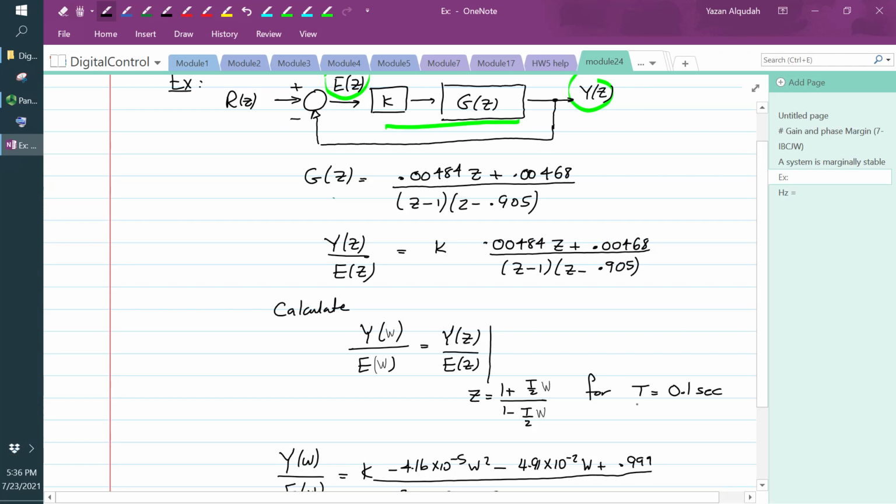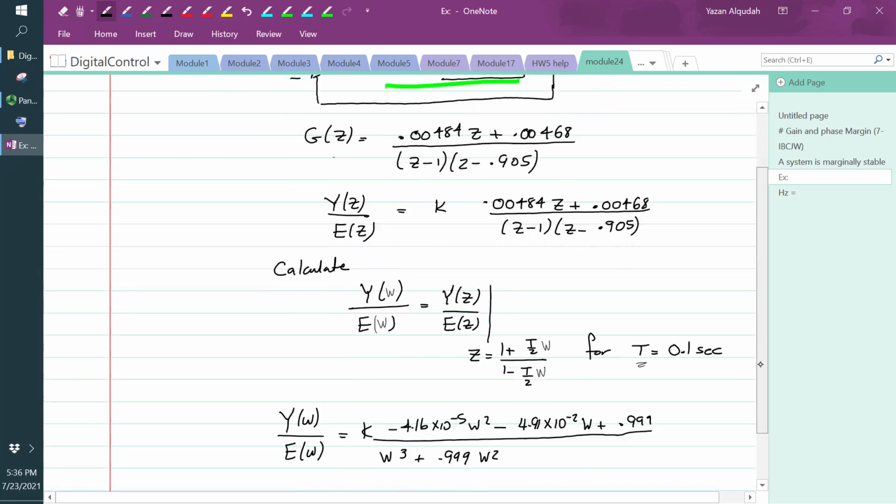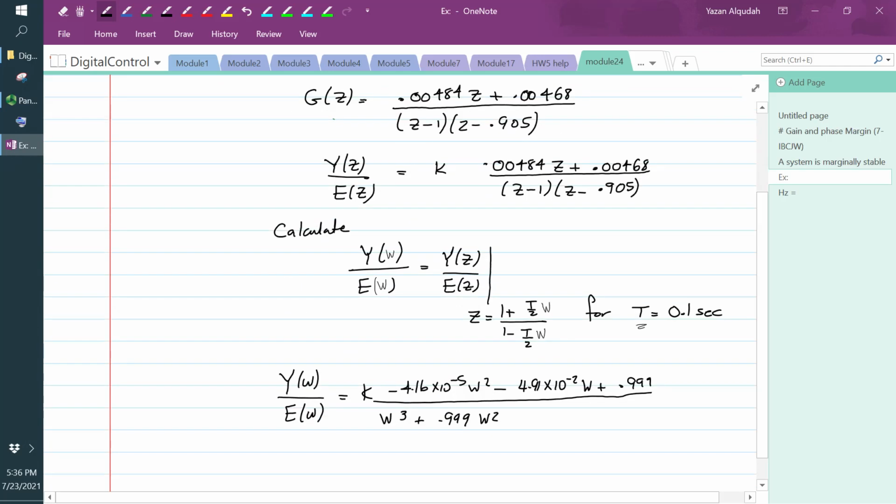We are given T equal to 0.1 seconds. If I plug in for z with 1 plus 0.1 over 2 multiplied by w, over 1 minus 0.1 over 2 multiplied by w, I get Y of w over E of w, and this is the transfer function that I get, with w here and w here.